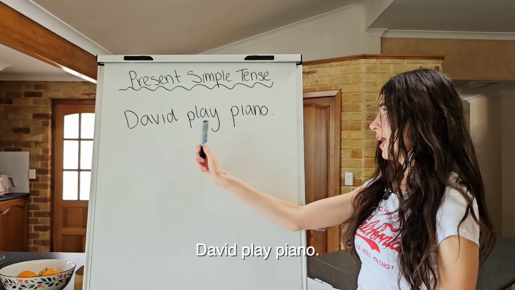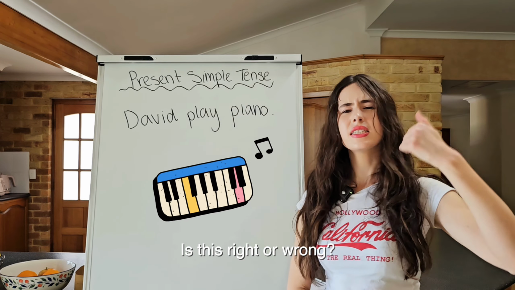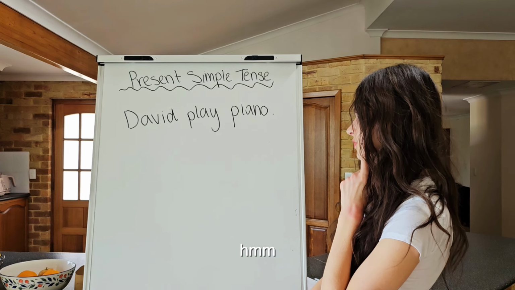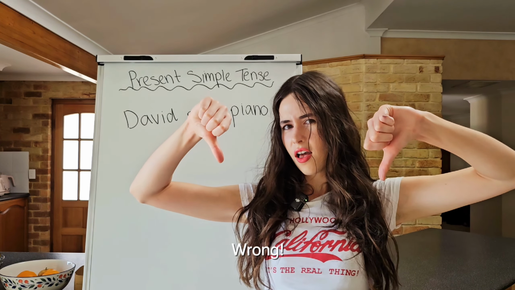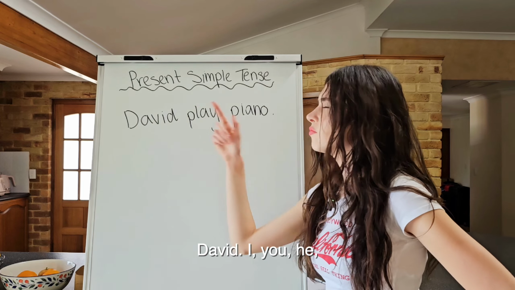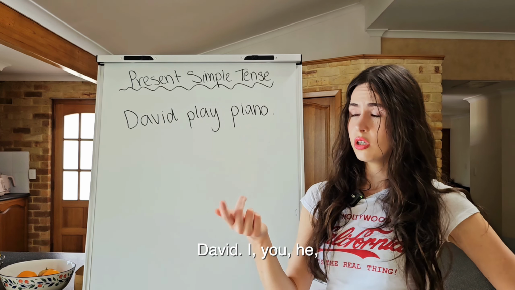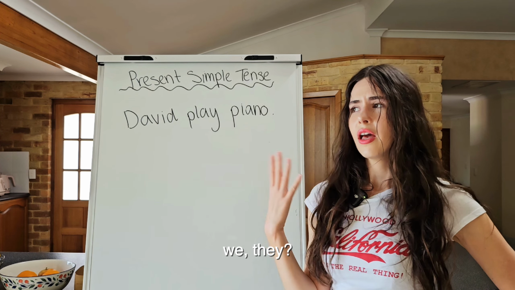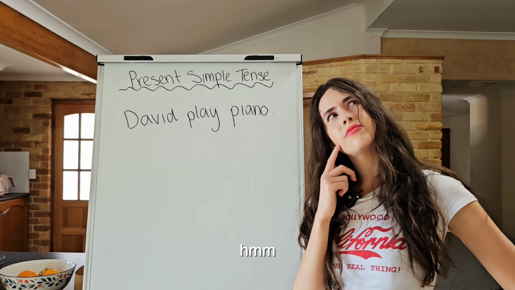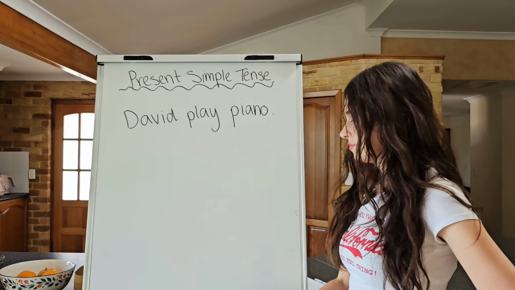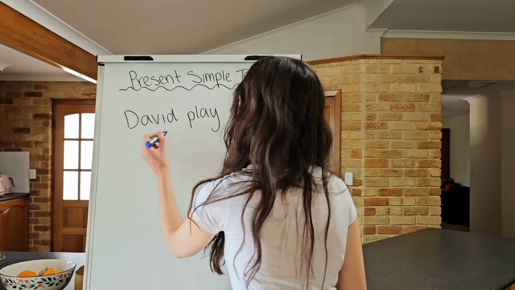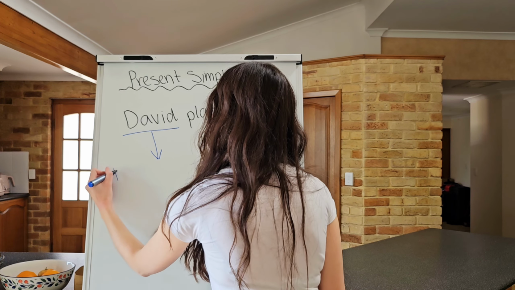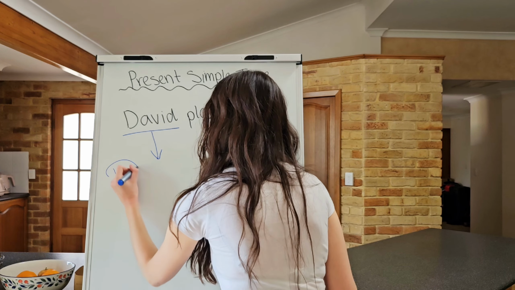David, play piano. Is this right or wrong? Wrong. David, I, you, he, she, it, we, they. He. David, he.